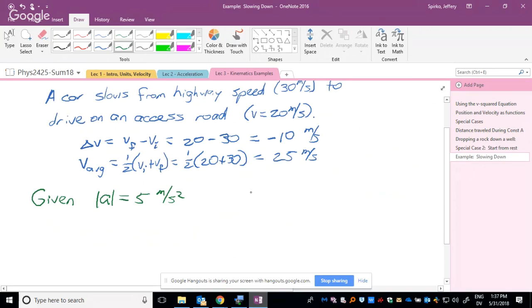So to make use of that, we would say delta V is A delta T. So this would be -10 is equal to -5 times delta T. So 2.0 seconds is equal to delta T. That's the easiest way to make use of the delta V information.